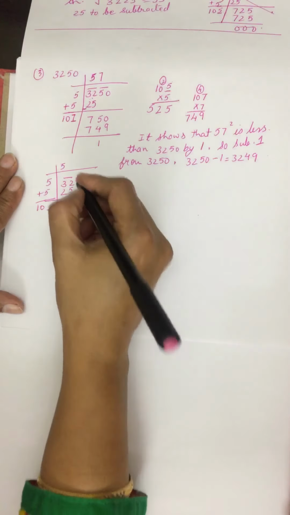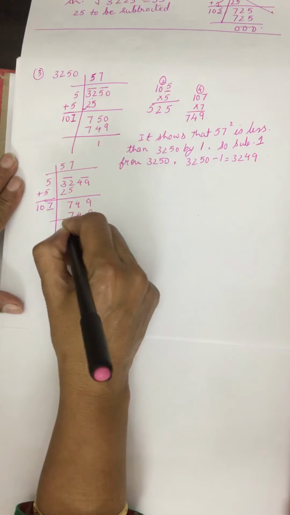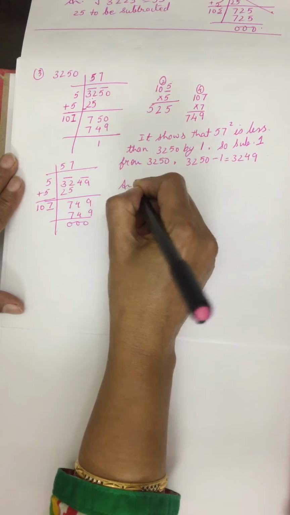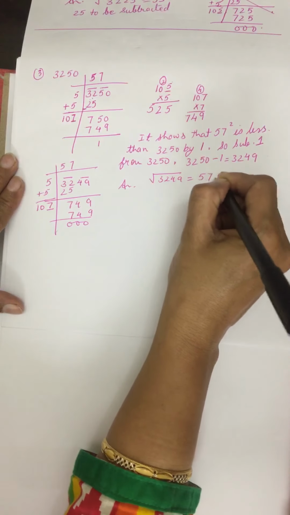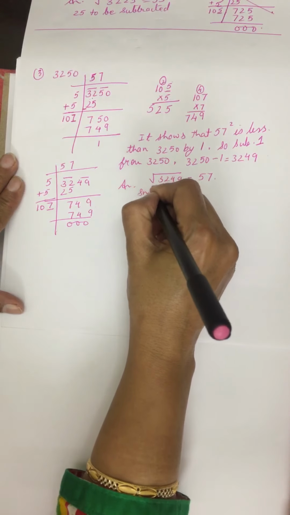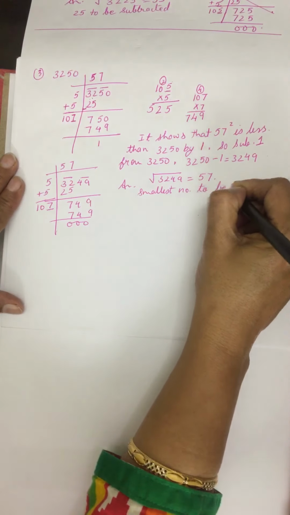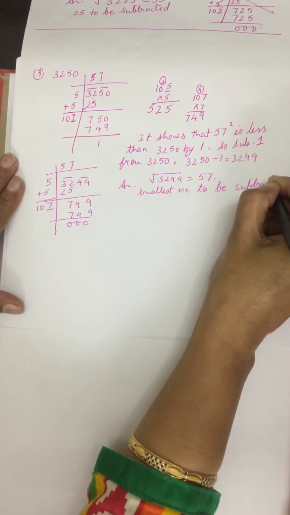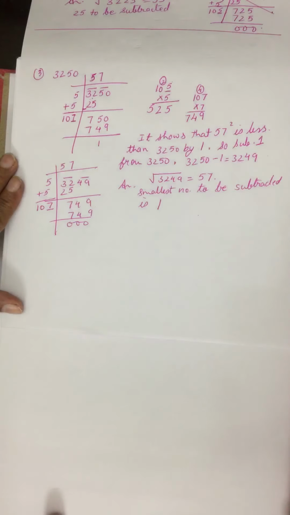Put a blank on the right of 10 and it will go 7 times. That is 749. So what will be the answer? The square root of 3249 is 57. And what is the smallest number? Smallest number to be subtracted is 1.